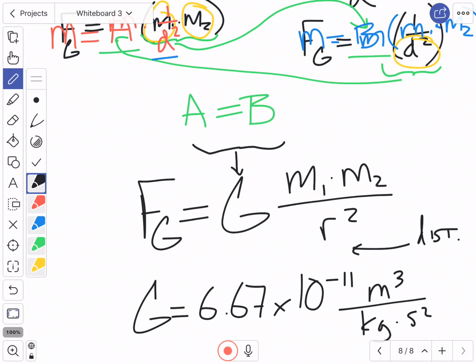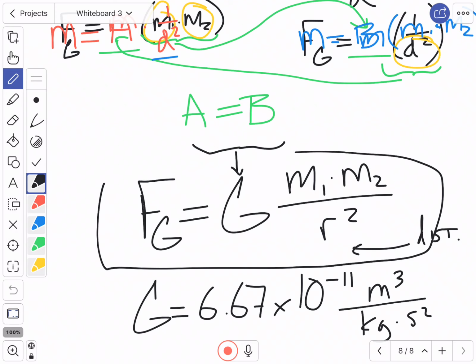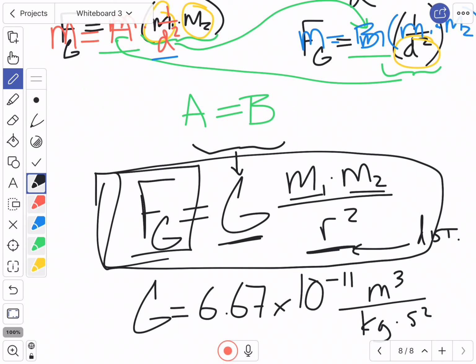So any two objects that have mass are going to be attracted by a force, and that force depends upon the size of the two masses, the distance between the two objects, and this universal gravitational constant capital G. And that's why I call this F capital G. It is the force of gravity, but it is universal. It's between any two objects.